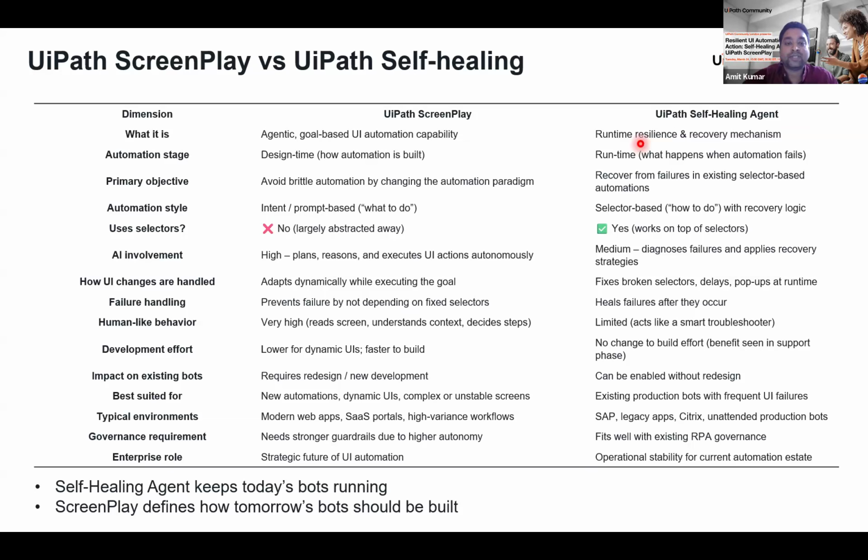At the automation stage, UiPath ScreenPlay can be used at design time. For example, if you want to start any project from scratch, you can use UiPath ScreenPlay. Whereas the UiPath Self-Healing Agent works at runtime: what happens when automation fails?